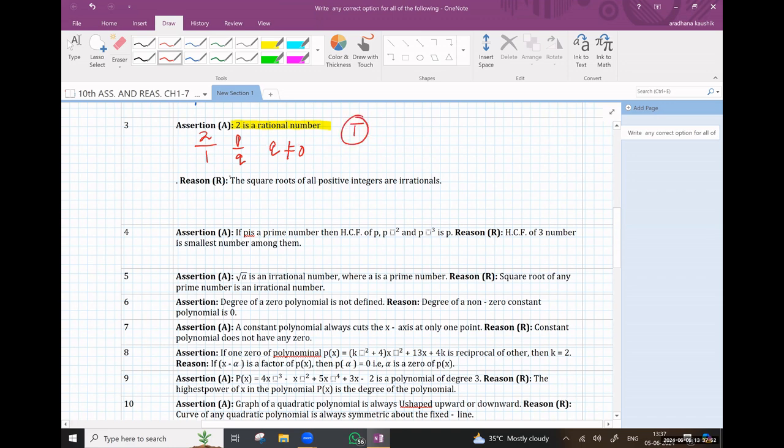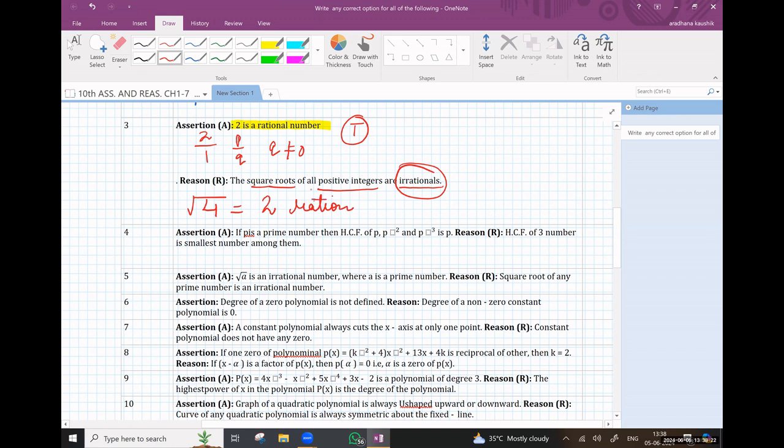And the reason R is square root of all positive integers are irrational. So let's say any number of square root, let's say this is 4, and the square root of 4 is 2. But you can see that 2 is not irrational. 2 is rational as we said above, and that is true.